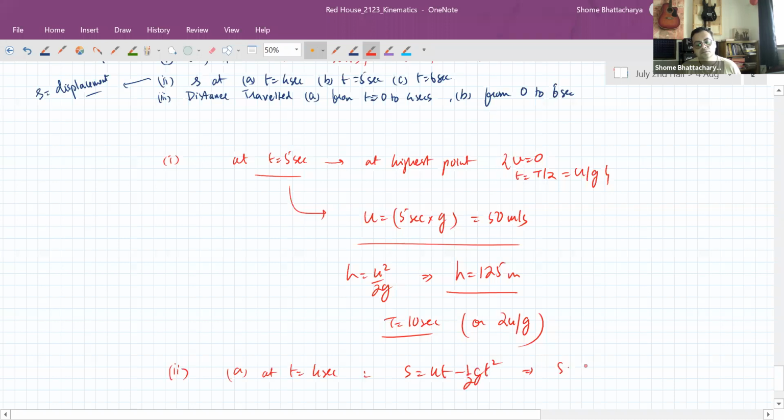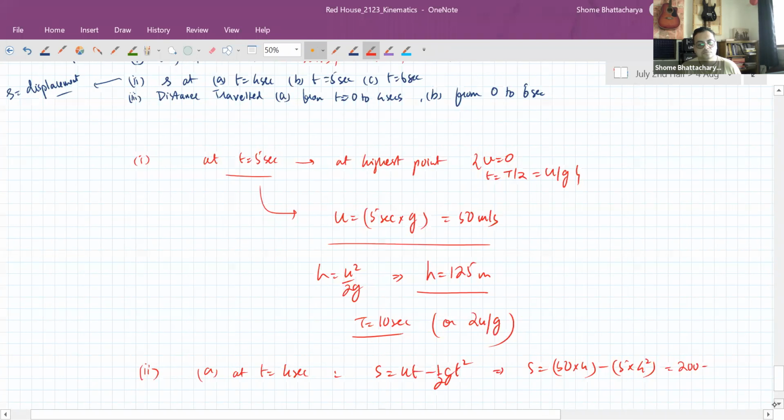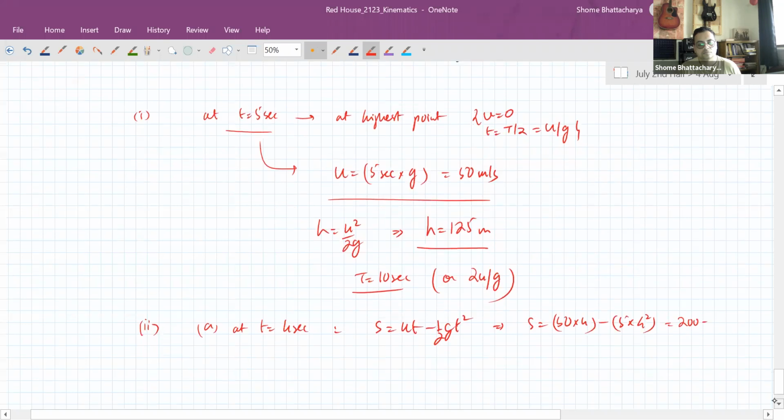So you'll see that with the displacement as 120 meters.